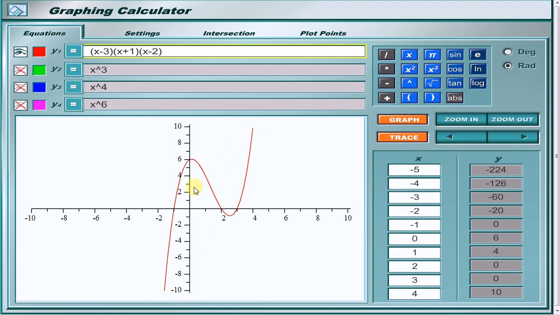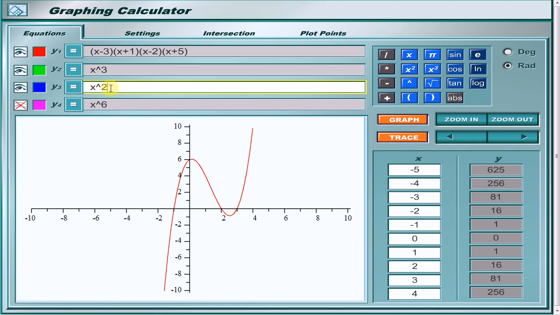So let's add a value. What if I added x plus 5? And I hit graph. What do you think is going to happen? Or let me rephrase. What do you think the parent function is? So what I'll do here is I'm going to unlock these two, and we're going to say this is x squared, this is x cubed.